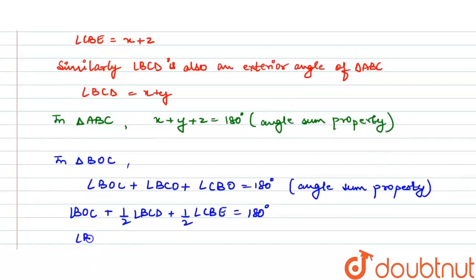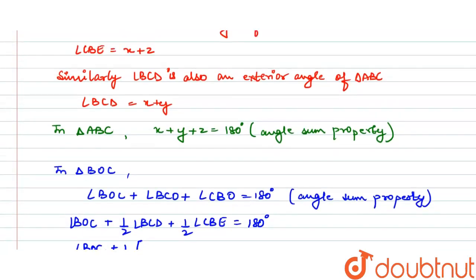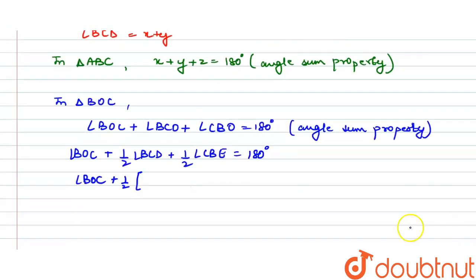So angle BOC plus, taking half common, BCD is equal to X plus Y and CBE is equal to X plus Z. So this will be X plus Y plus X plus Z is equal to 180 degrees.